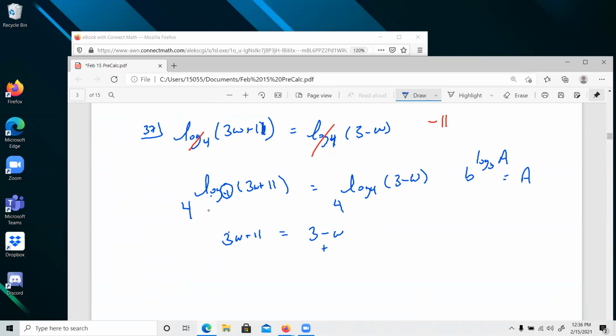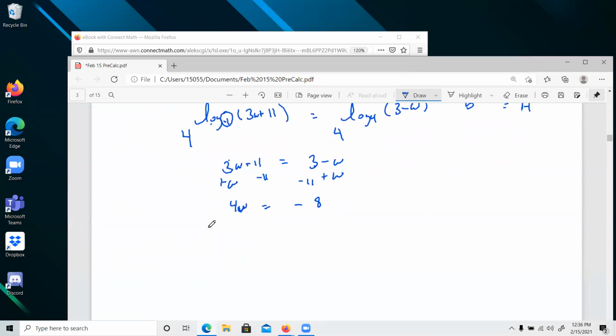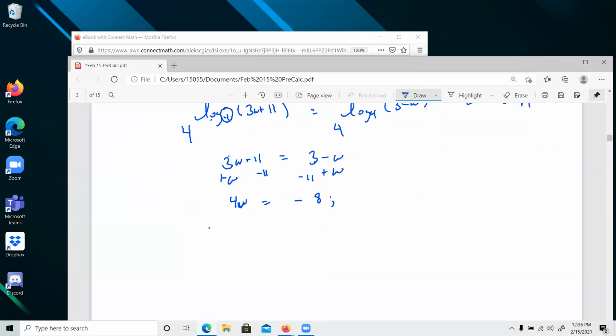We're going to add W to both sides, subtract 11 from both sides, and we get 4W is equal to 3 minus 11, that's negative 8. So W is equal to negative 2.